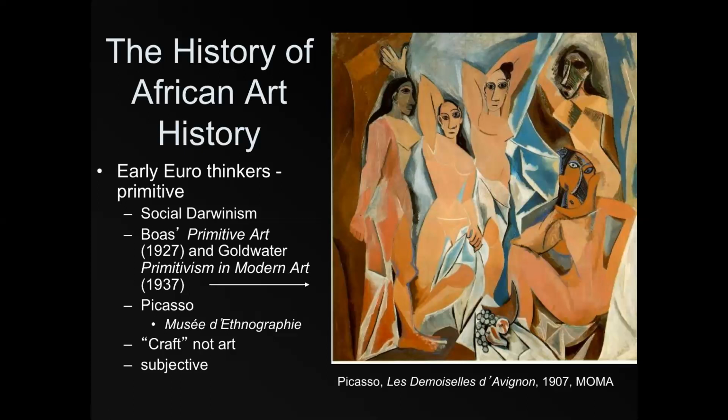So the way that Europeans and Americans as well, like Goldwater, approached African art was subjective and in the context of imperialism and white supremacy. And a lot of these people who are expressing these white supremacist views or imperialist views wouldn't know that they're doing so. And that's important for those of you who are students to think of.